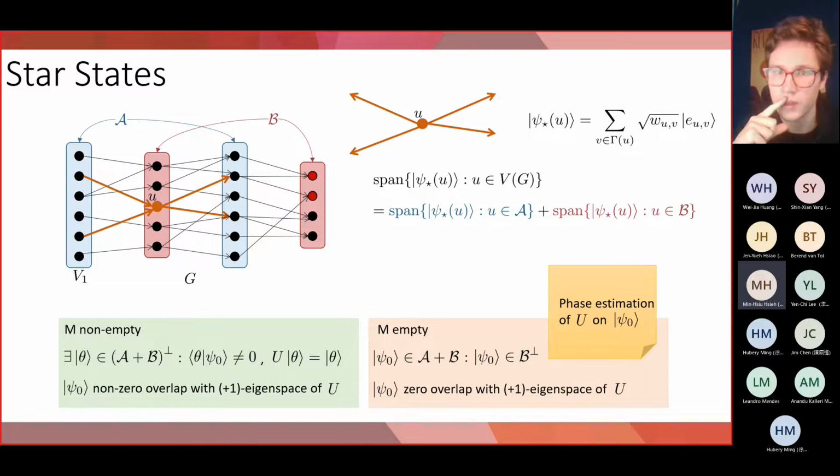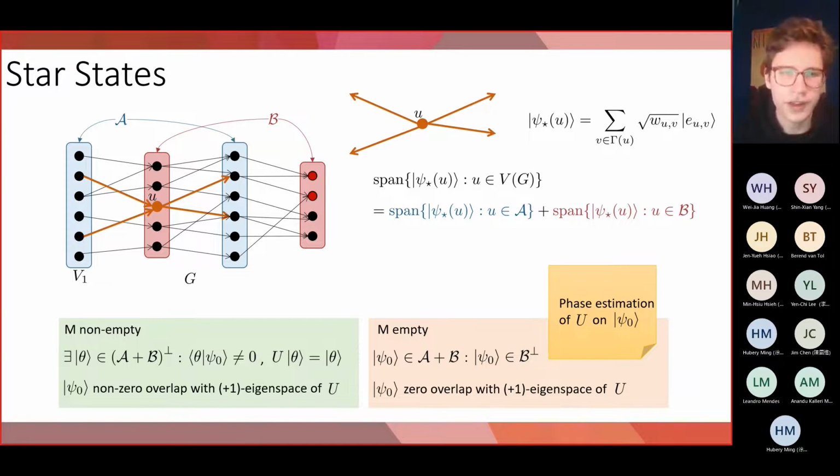Yes, whenever the directions are different, you would have a minus phase. So in the definition you have the ket EUV, and this ket EUV could also be minus ket EVU. Okay, exactly. Cool. Thanks.